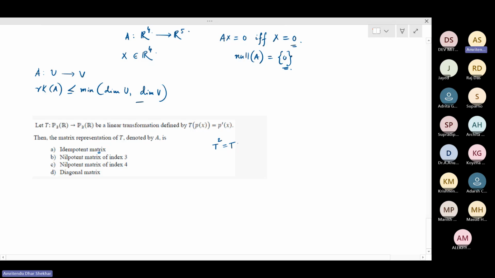Of course, this is not necessarily true, because if you take the second derivative, then this is not equal to P dash X in general.